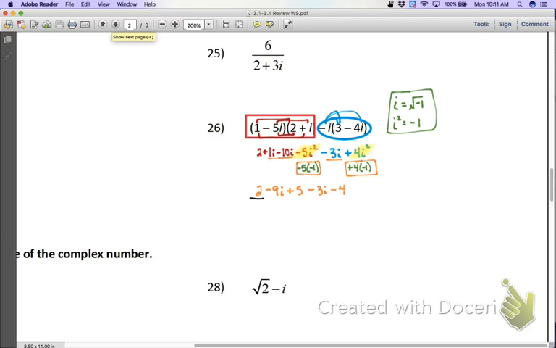So all of my real numbers go together because it's in standard form. They're going to go first. So 2 plus 5 is 7. 7 minus 4 is 3. And then combine the i's, so negative 9i minus 3i is negative 12i, and that is in standard form.